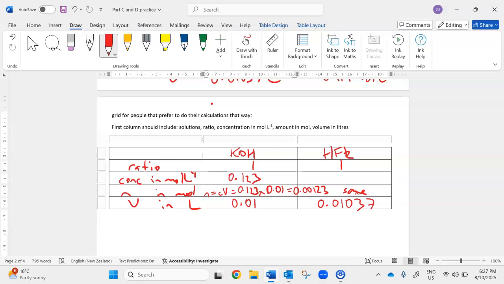And then the concentration, C equals N over V, which is equal to 0.00123 over 0.01037, and I'll write the answer down here, 0.119 moles per litre.